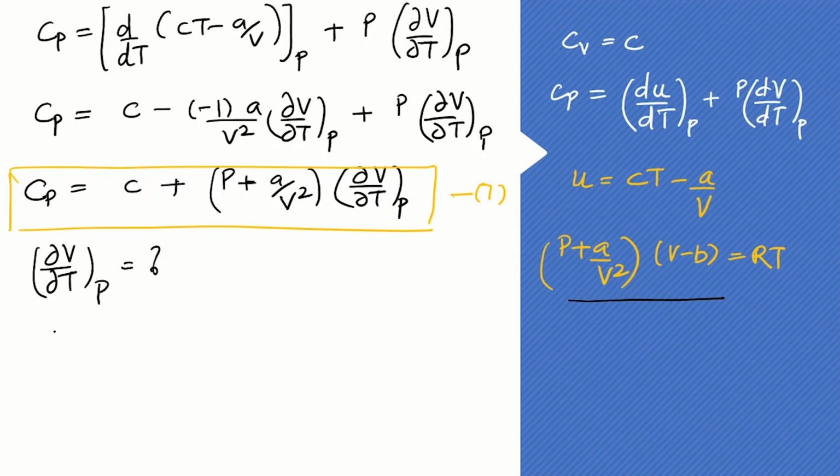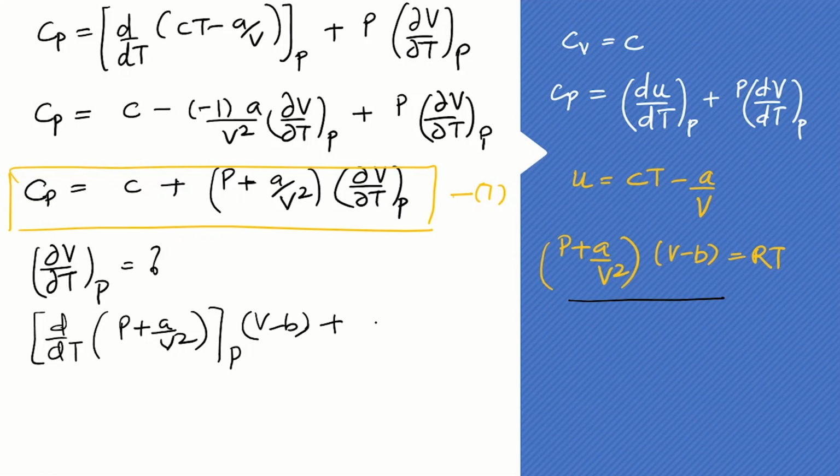Differentiation of the first term, this is P plus A over V square at constant pressure, and second term as it is, and then first term as it is, and then differentiation of the second term at constant pressure, and this will be R. So P is constant, so we will differentiate the second term.